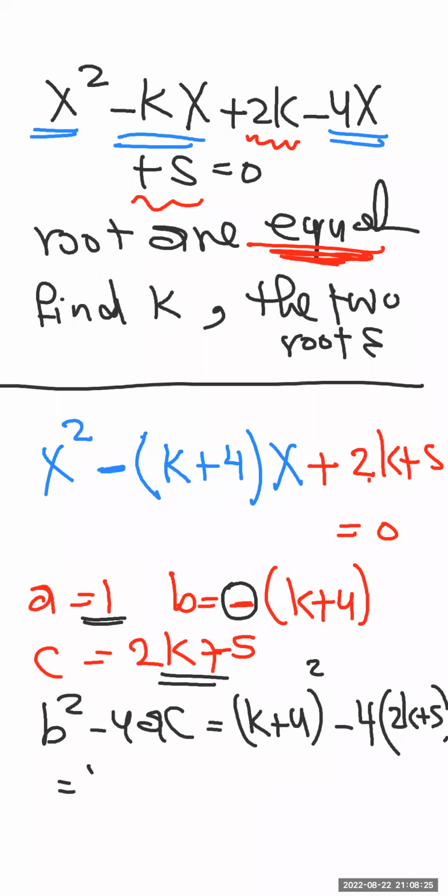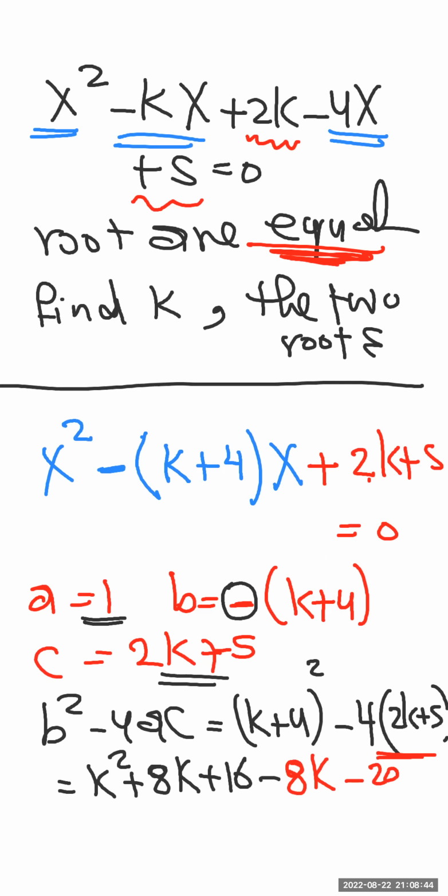Okay, now (k plus 4) to the power of 2: k squared, the first squared, plus the first times the second times 2, 8k, plus the second squared, 16. Minus, multiply this 4 by the bracket: 4 times 2k, 8k, minus 4 times 5, 20. It will equal k squared, positive 8k, negative 8k, 0.